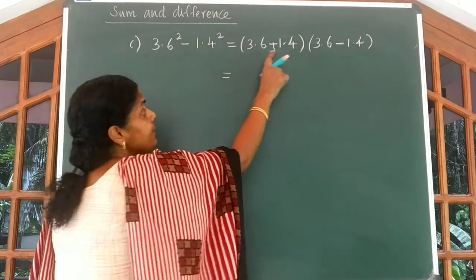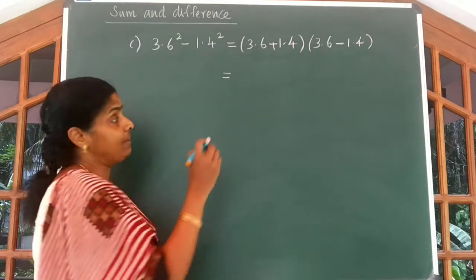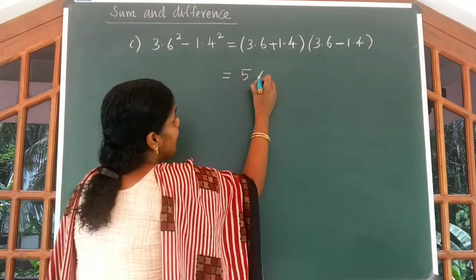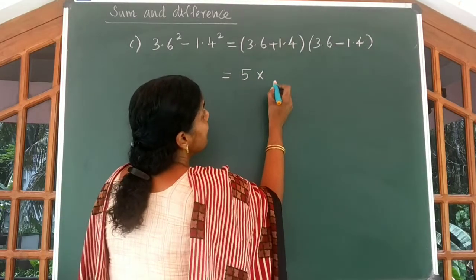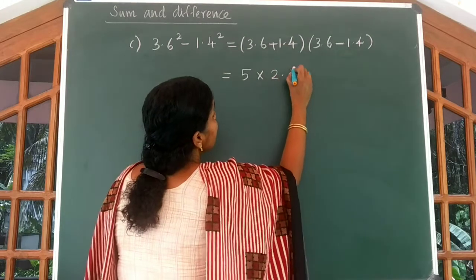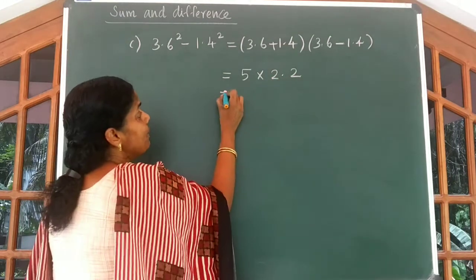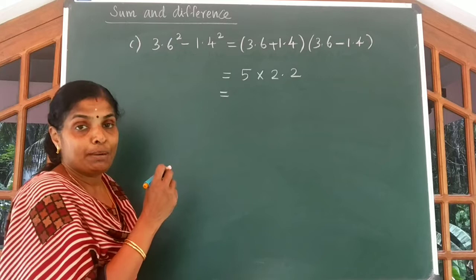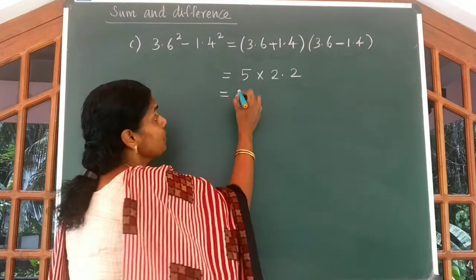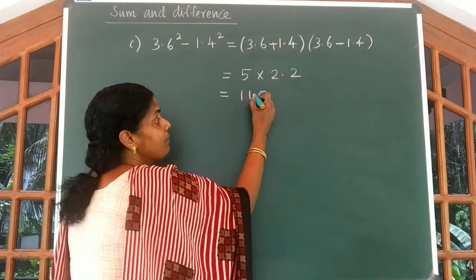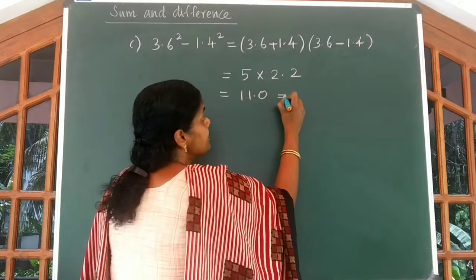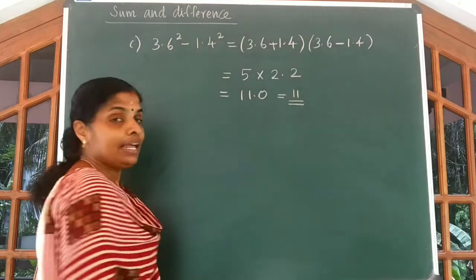When you add the two numbers, you get 5. So we can write 5 into (3.6 minus 1.4), which gives you 2.2. Now multiply the two numbers. When you multiply 5 with 22, you get 110. Keep the decimal point before one digit. So your answer is going to be equal to 11.